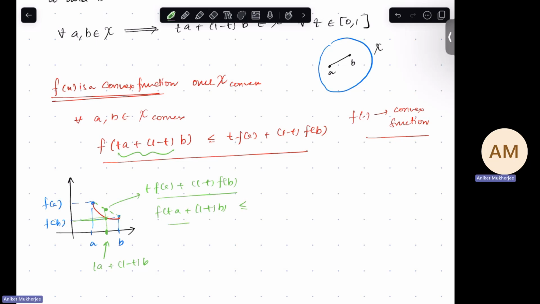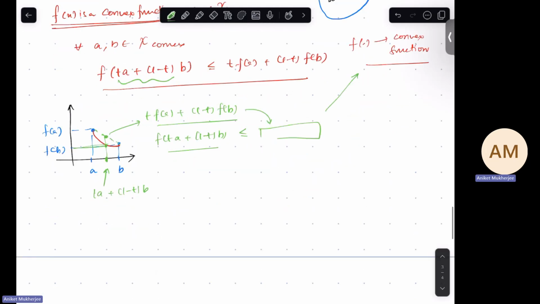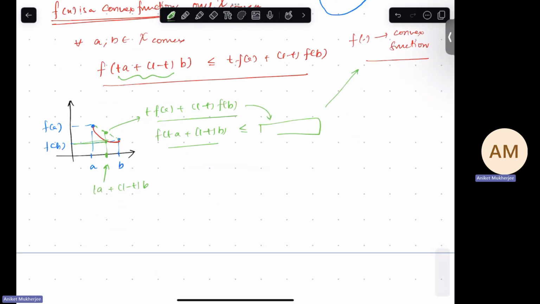This is less than or equal to this value. Then we say that the function is a convex function. Now, an equivalence to this is, if the function is twice differentiable, then if f double dash of x is greater than or equal to 0, we can conclude that f is a convex function.